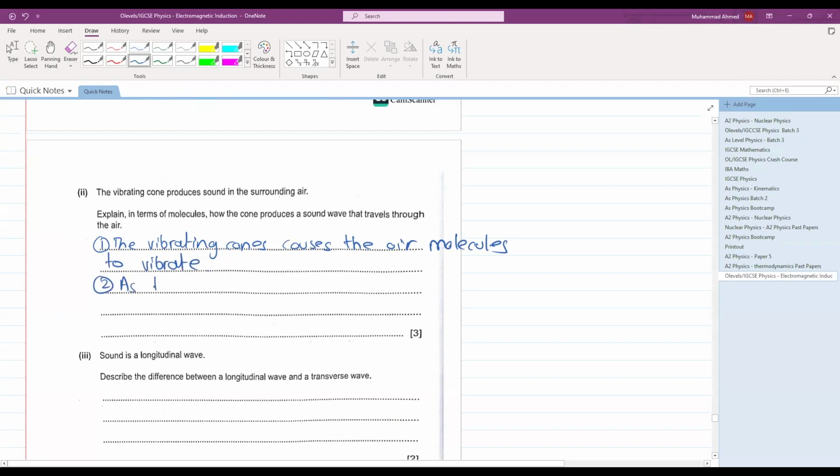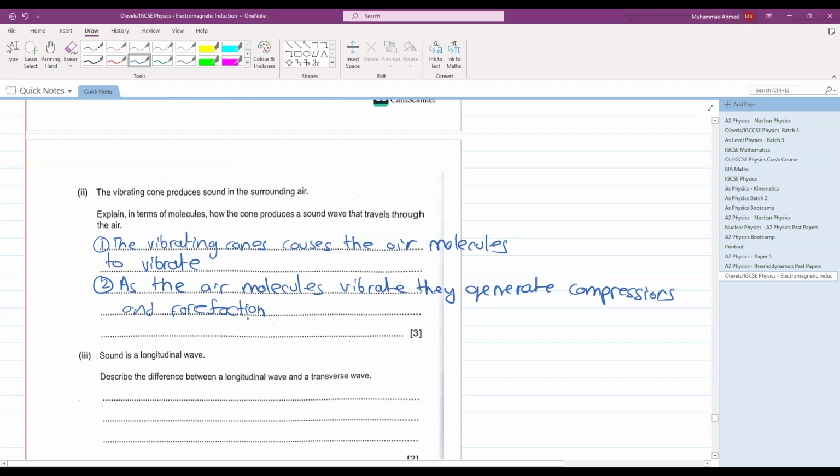As the air molecules vibrate, they generate compressions, that are regions of maximum pressure, and rarefactions, that are regions of minimum pressure.